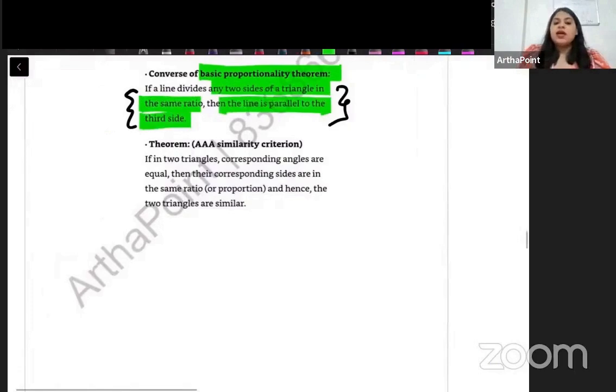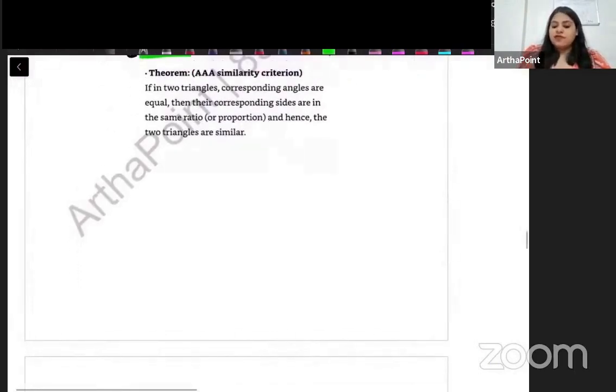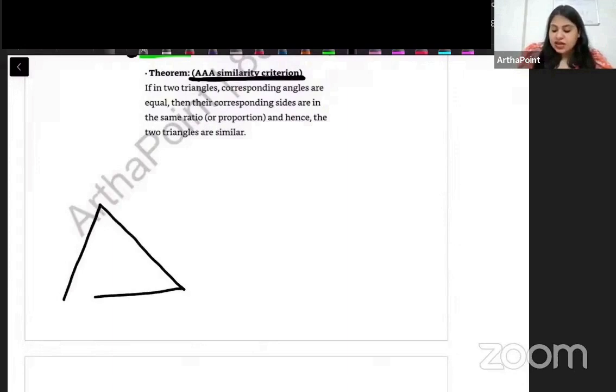We have done this. Now we come to the next theorem beta, which is known as the AAA similarity criteria. What does this say? It says that if there are two triangles such that the corresponding angles are equal to each other.